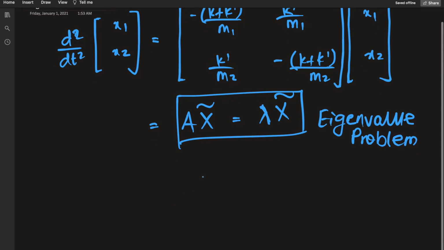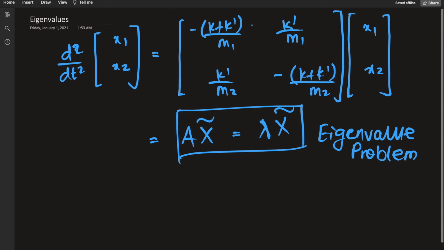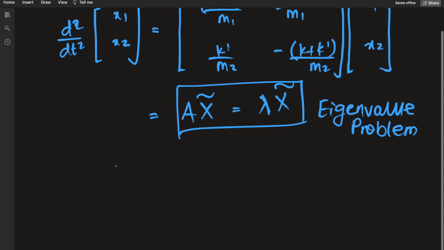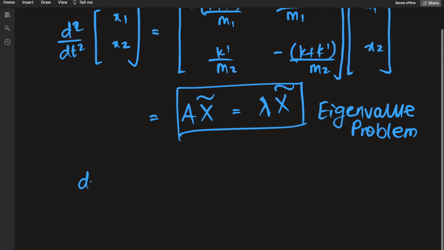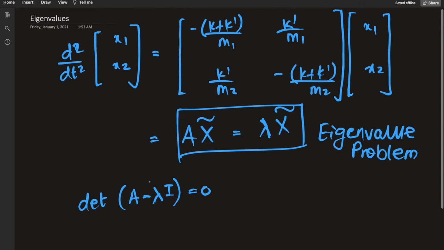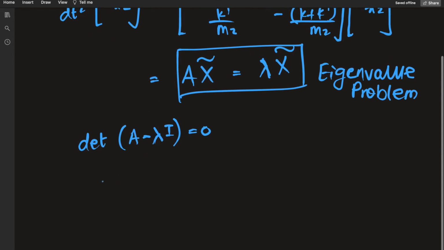So for that, let's calculate the eigenvalues. A is this matrix. To calculate eigenvalues, the first step we took was setting the determinant of A minus some unknown constant lambda times the identity to 0. I explained that in the previous video, so please watch that before coming to this video.